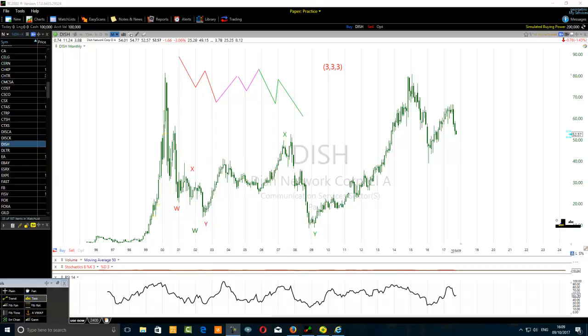The first thing you want to understand about the WXY wave pattern is that it is a corrective wave, so it's a multi-wave correction. What are the internal waves, or the internal price structure, of the WXY pattern?